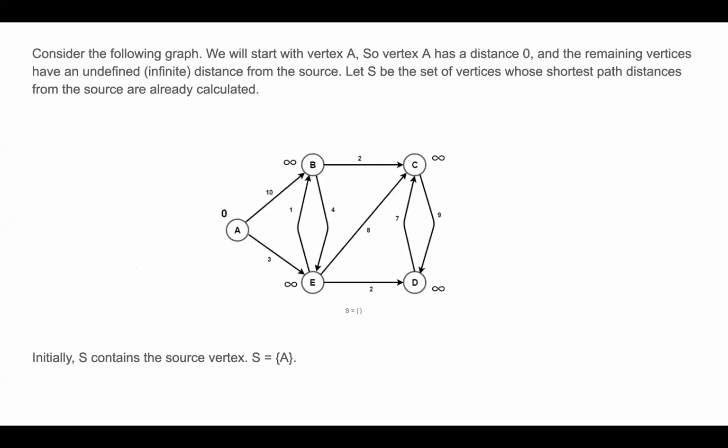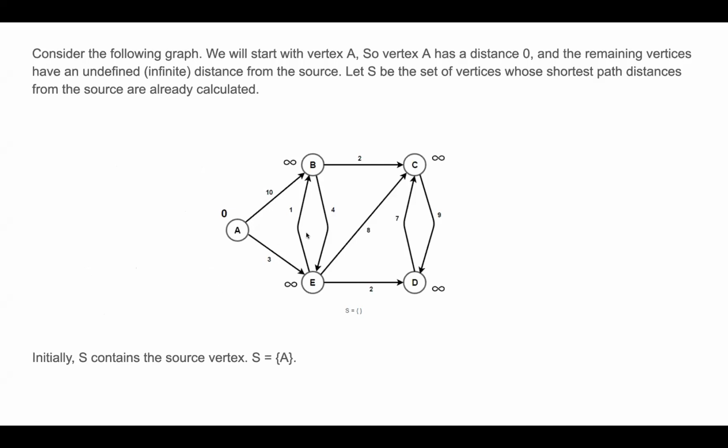We just have to calculate the distances, and whichever is the minimum one, we have to keep. This A to B is 10, which is not minimum because we are getting another one, A to E and E to B, which is equal to 4.